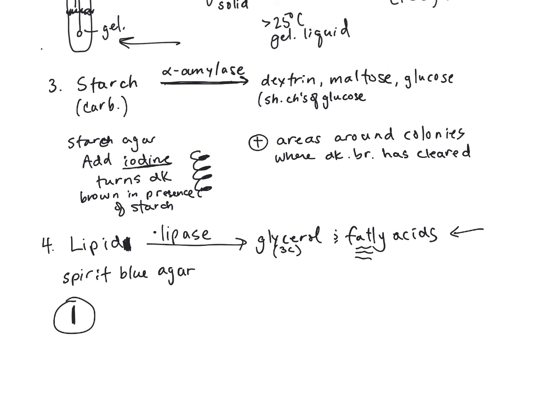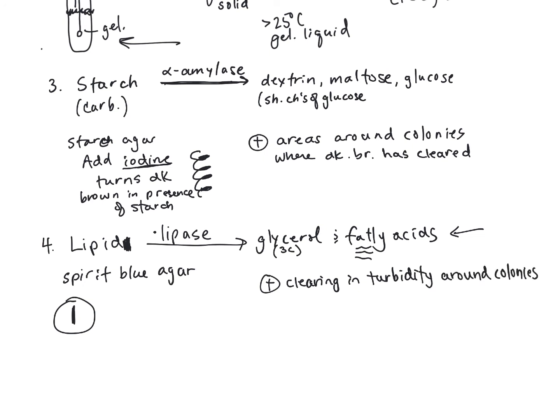Either way, this one is a little bit more difficult to read the results. We're going to look at this really carefully. But what we're looking for in a positive result is a clearing in the turbidity around the colonies.